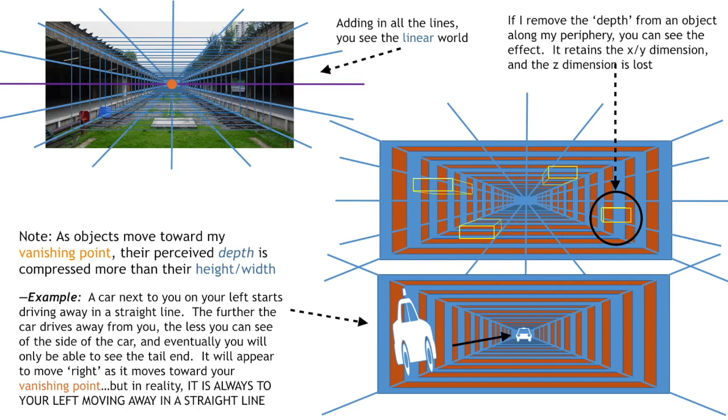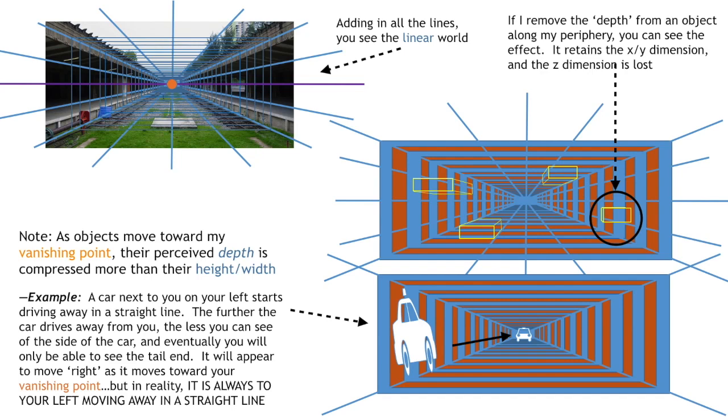So if I remove the depth from an object along my periphery, like I remove some of its z-axis component, you can see how it might look. It retains its XY dimension, and the z dimension is lost. If we just removed more and more of the depth of the object, essentially it just looks like a rectangle again.